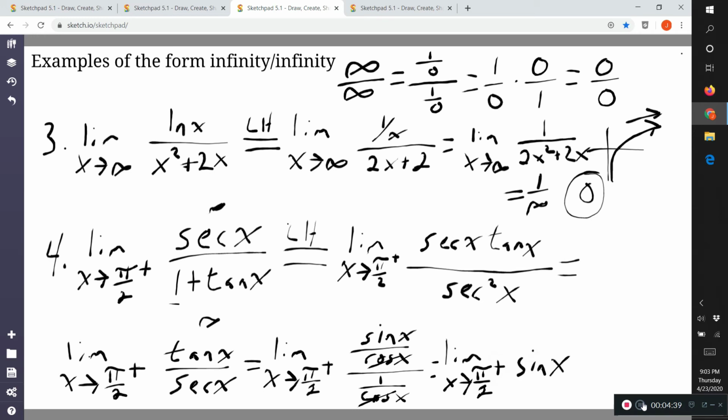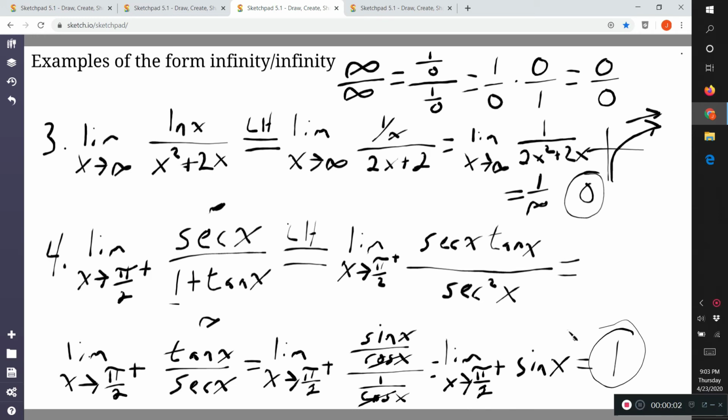If we plug pi over 2 into sine x, you're just going to get a value of 1. So the infinity over infinity case is just a specific variation on the 0 over 0 case. That won't be true of the other indeterminate forms we do.